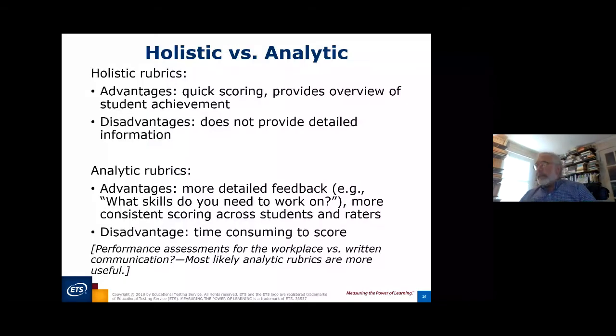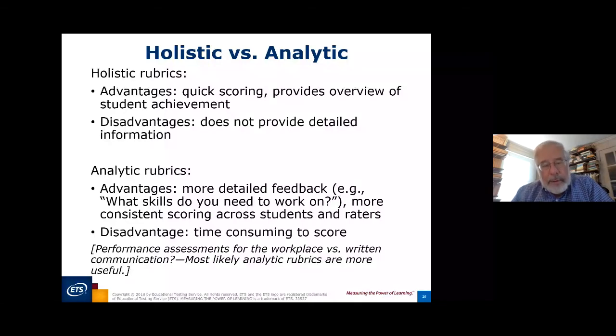So here are advantages of each. I've sort of gotten at this. Holistic is quick scoring, an overview, with no detailed information. That's what a holistic rubric is. In classroom teaching, I would very rarely use holistic, because I want the student to know where to work, where to improve their writing.